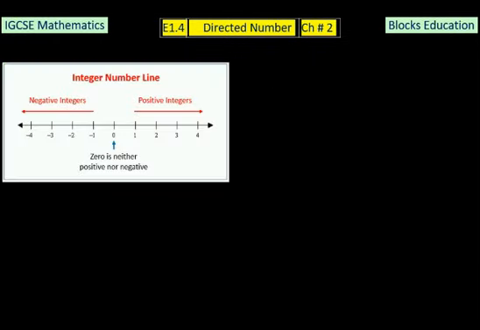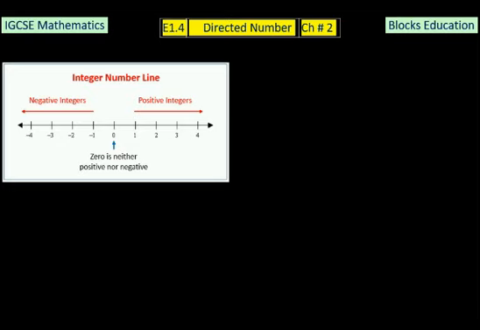Before we jump on to the exercise, it is very important that you know what an integer number line is. As you can see here in this diagram, it is an integer number line. There is 0 in the middle, and if you go towards the right, they are all positive integers, and if you go towards the left, they are all negative integers. It means 0 is neither a positive nor a negative number.